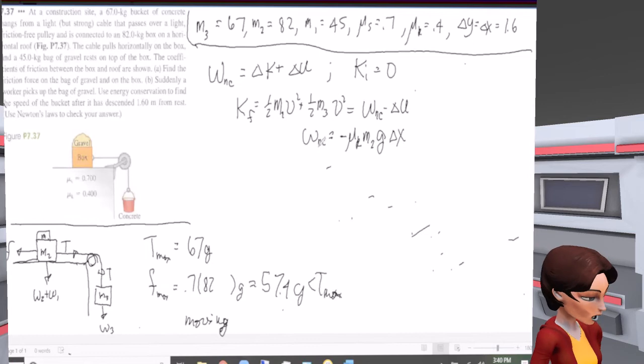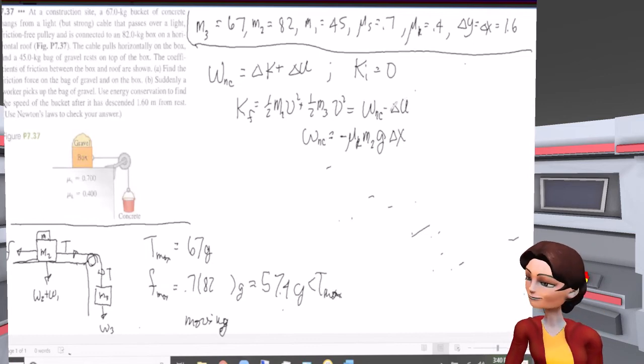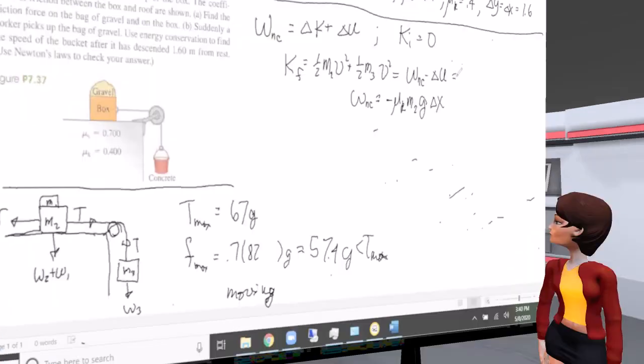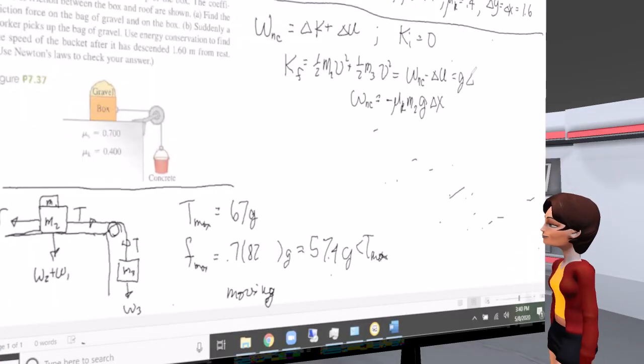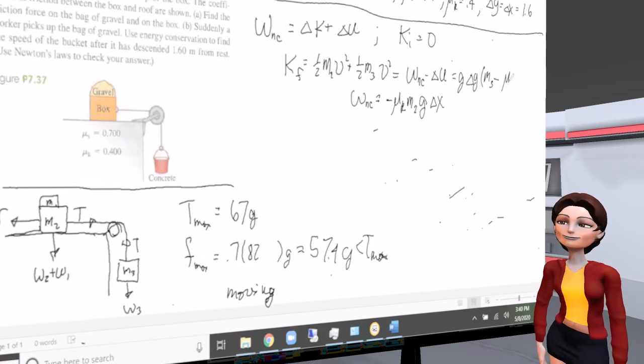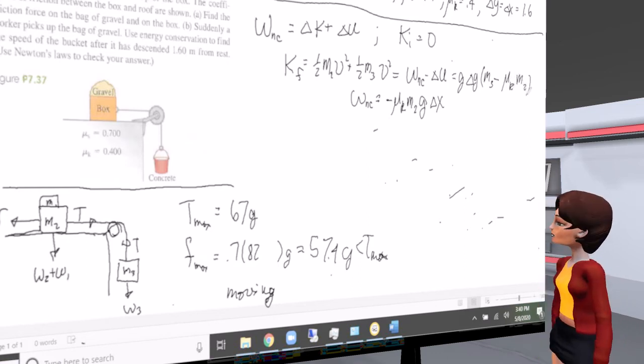So we have that for the first term here. And let's then just solve for that kinetic energy. g delta y M3 minus mu sub K M2 looks like.